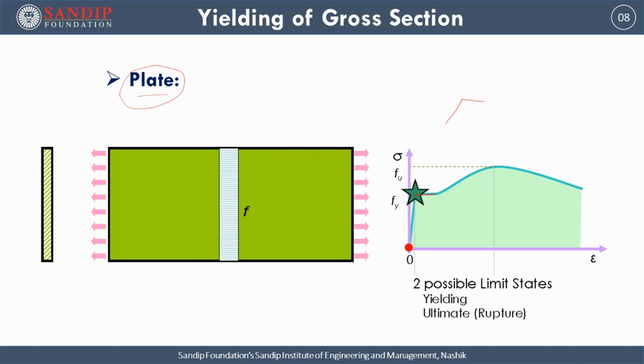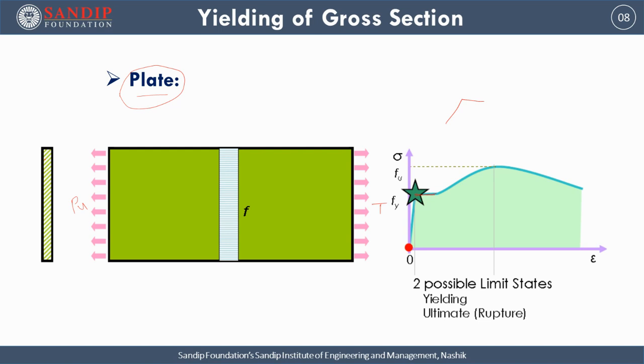So in yielding, you are getting excessive deflection. Now if this is a plate subjected to tensile forces, this Pu or T is the tensile force applied to this plate. These are the stresses developed. This entire gross section, which does not have any puncture, we are not considering any punctures in this gross section, is subjected to stresses.